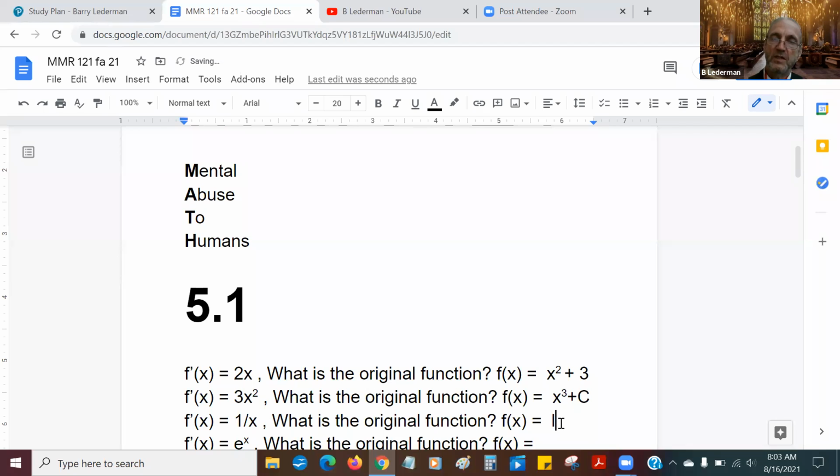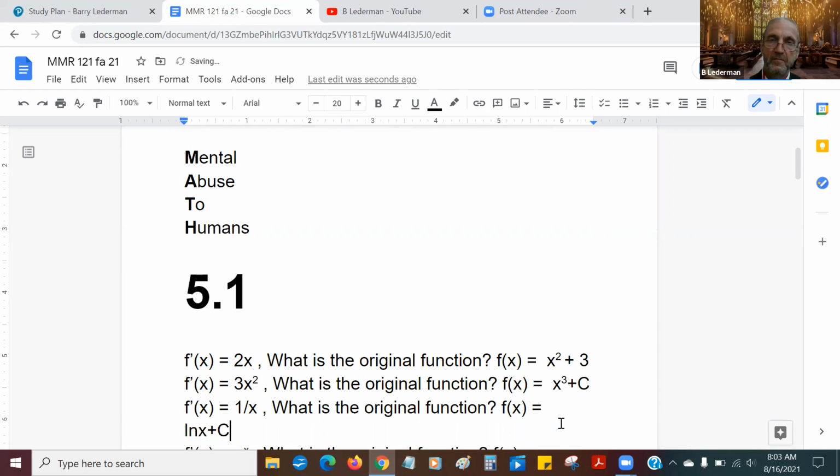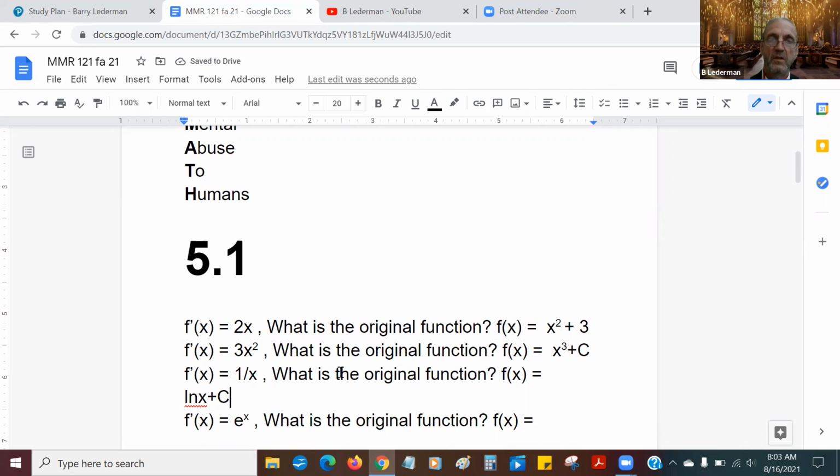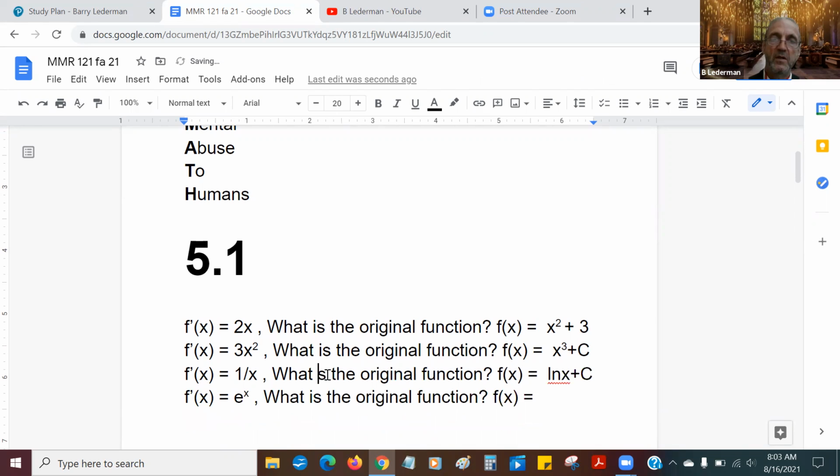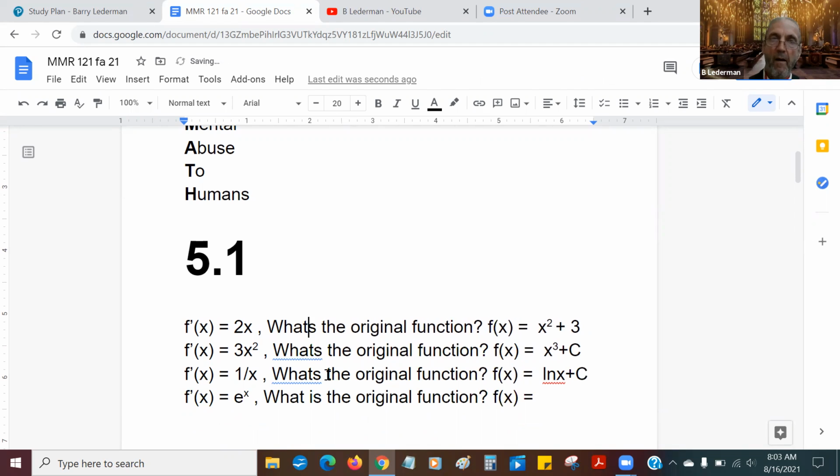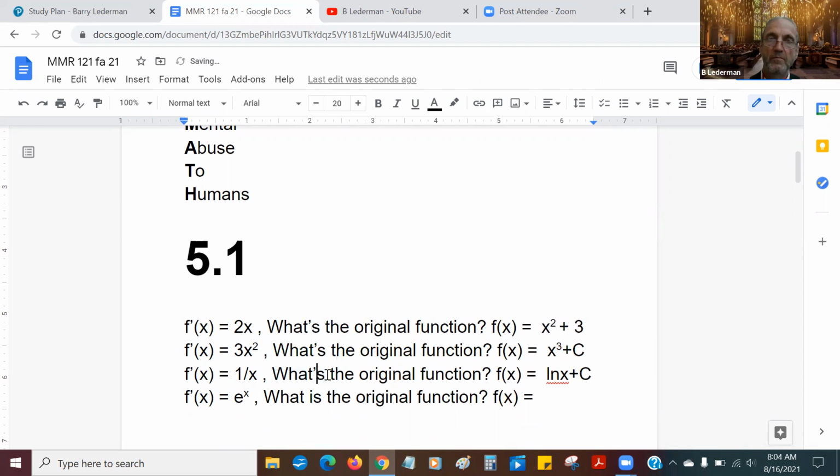Well, I'm sure you realize it's going to be ln x, and I'm going to add the plus C. How about e to the x? Well, that'll be e to the x plus C.